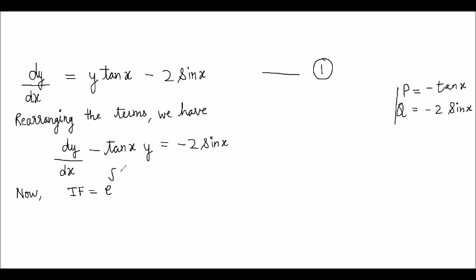Be very careful, we have a minus sign in p, minus tangent x dx. When we solve it, it will be e raised to log cos x, because of the minus sign it will be log cos x, and it will be cos x. So we are getting the integrating factor as cos x.